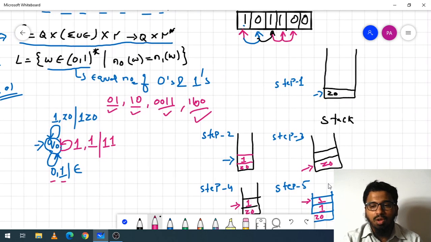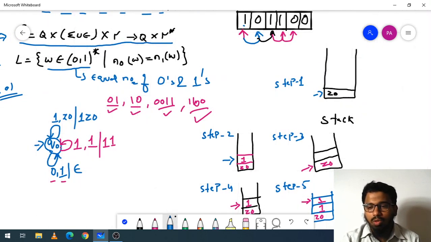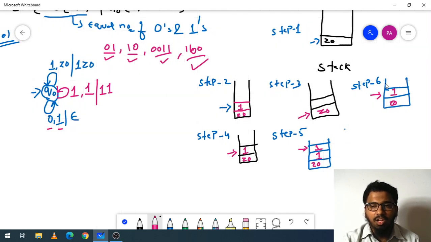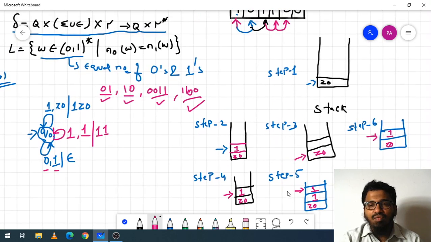So in step 6, we need to remove the top 1, and here we have the top of the stack. Step 6, 1 z0, we remove this because we need to pop the data whenever we have 0 like this.